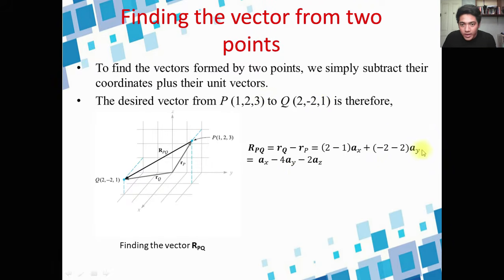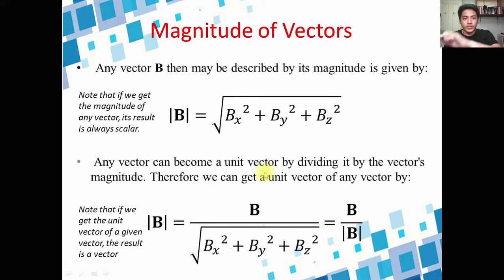I forgot to write the 1 minus 3 here, so it will be 1 minus 3 a sub z. So we have 1 a sub x, negative 2 minus 2 is negative 4 a sub y, then 1 minus 3 is negative 2 a sub z. Hence, the vector from point P to Q is given by this vector. Okay? So that's how we find the vectors.